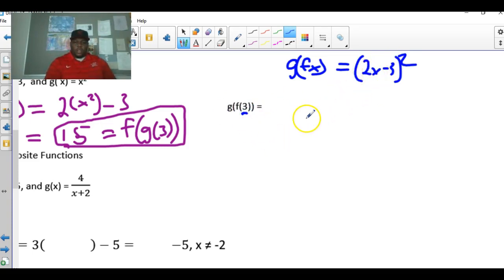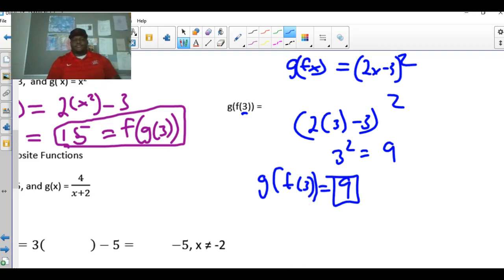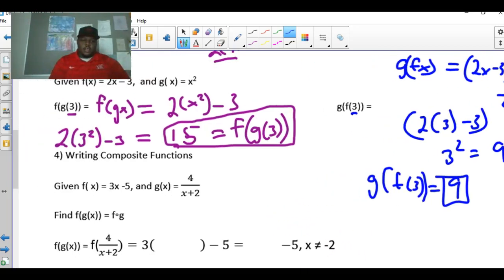So if I take 3 and put it here, 2 times 3 minus 3, squared. That's 6, 6 minus 3 is 3, and 3 squared is 9. So g of f of 3 equals 9. Let that sink in.